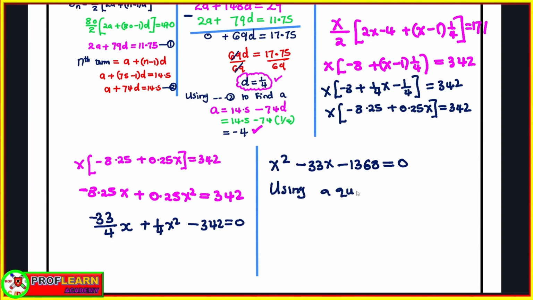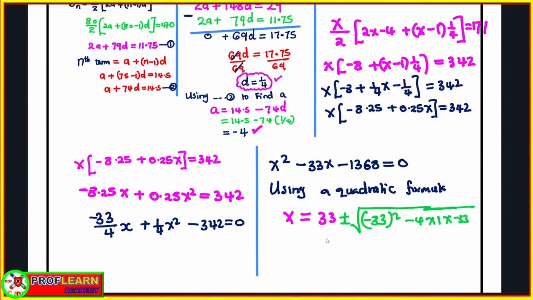At this particular point, we can use a quadratic formula in order to solve this particular equation, and substituting properly, ensuring that you are taking care of the signs and everything, you are going to find the value of x. Remember, x is the number of terms we are going to get in this case.